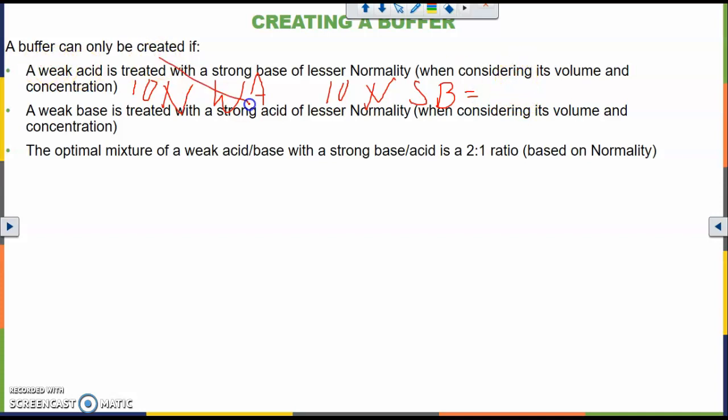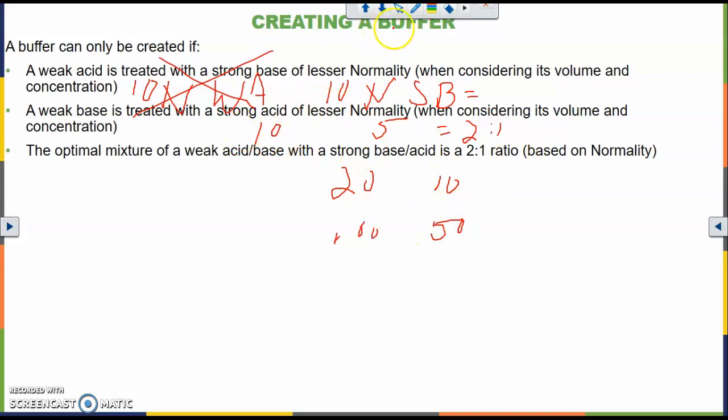And this is basically going to be eliminated from this equation. So you cannot have that. The magic ratio here is always going to be a 2-to-1 ratio. 10 to 5 is the same as 2-to-1. 20 to 10, that's a 2-to-1 ratio. 100 to 50, you guys get the gist.